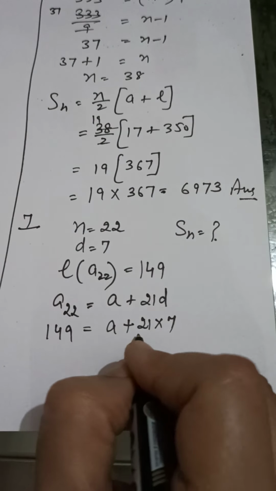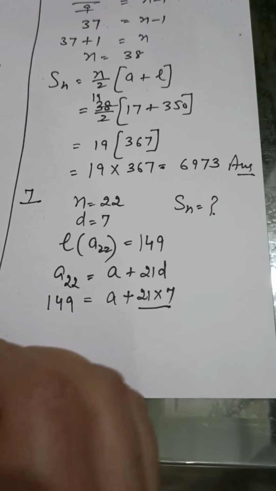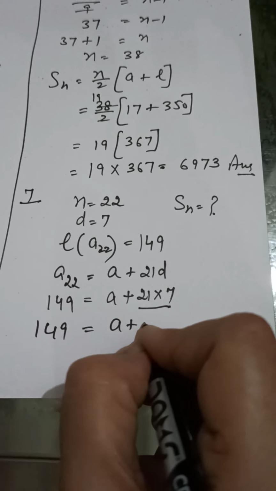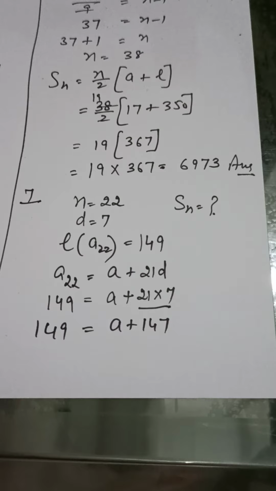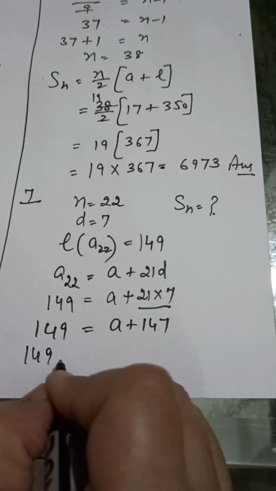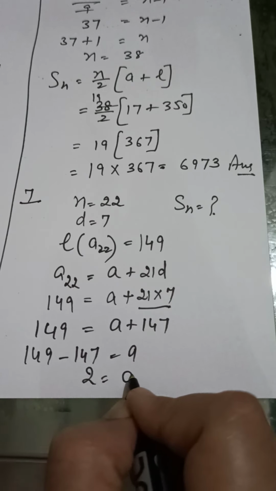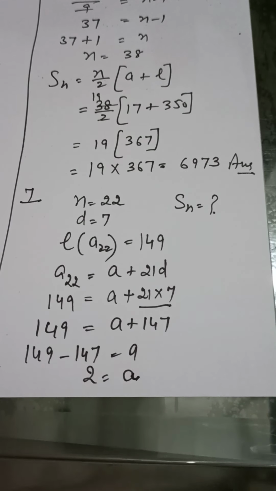D is 7, it is given to us. 149 is equal to a plus 147. When we subtract these, we got a is equal to 2. So a is equal to 2. It is our first answer.